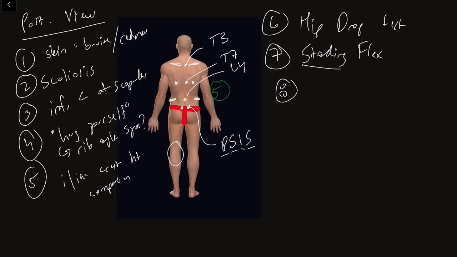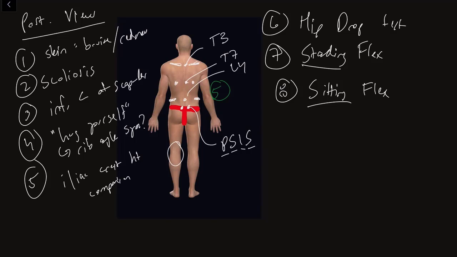You would do that while the patient's standing. You would also do this while the patient is sitting, so there's the sitting flexion test. Again, you would check whether or not you feel equal amounts of motion along the PSIS while the patient is flexing forward and extending back up. If you note any discrepancies between those two, that would be a positive finding on those tests.